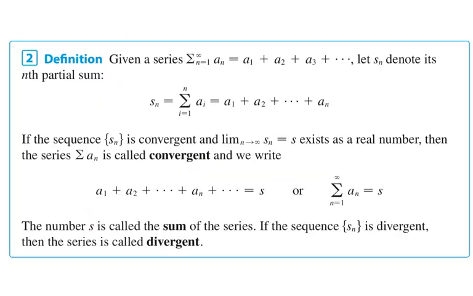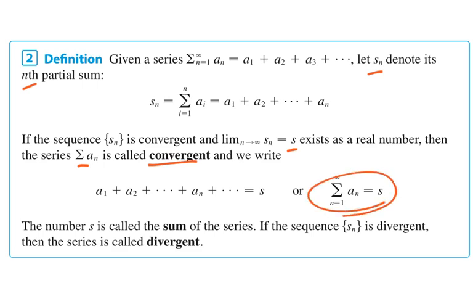So in this definition, if we're given a series, we let S sub n denote its nth partial sum, just like we talked about earlier. And if the limit, the sum converges to a number, like the previous example, it converged to 1, then the series is called convergent, and we can write it like this.